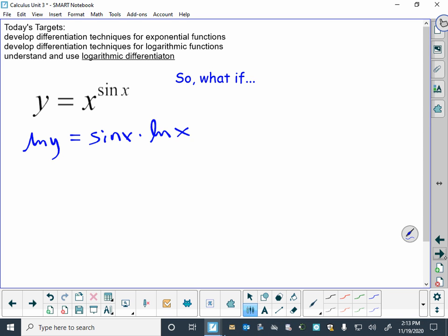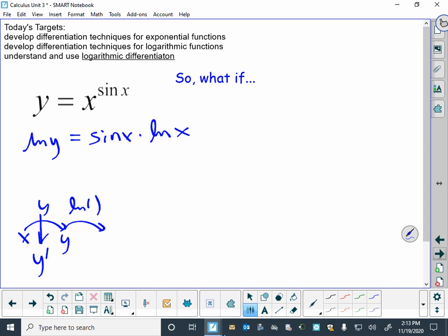And this now, with the help of implicit differentiation, which is why we did that before we did this, we can do the derivative of this equation. Natural log y, remember y is a function of x, so we started with an x and had to change it into a y, and then it went into the natural log.